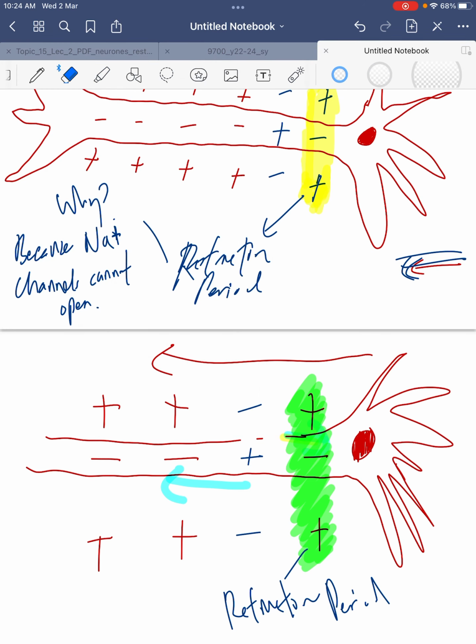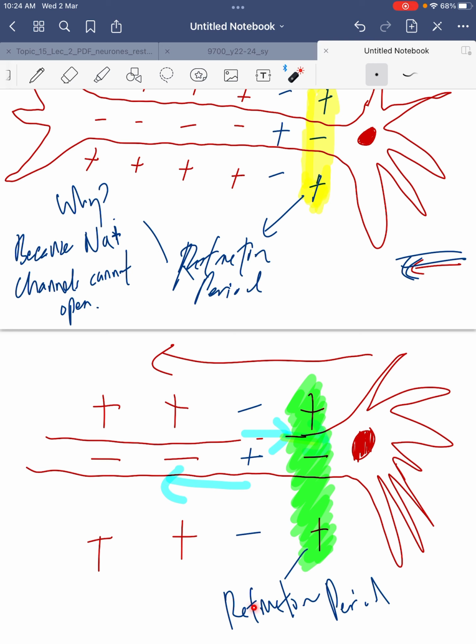But this is unlikely to be attracted to this negative zone, because this is still in refractory period.